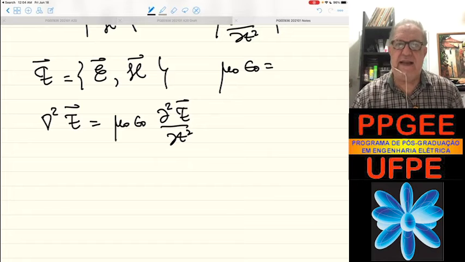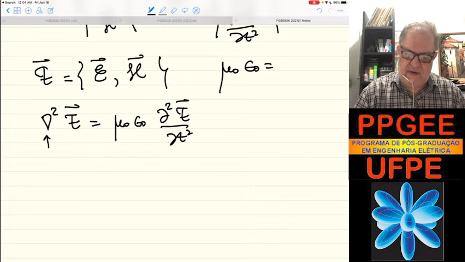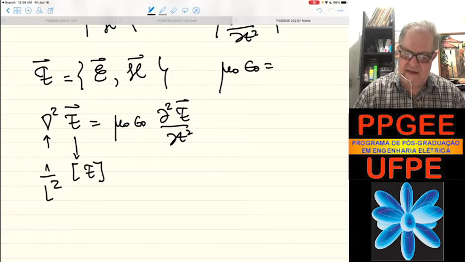So dimensional analysis. Well, this is 1 over length squared. This is field dimension, right?